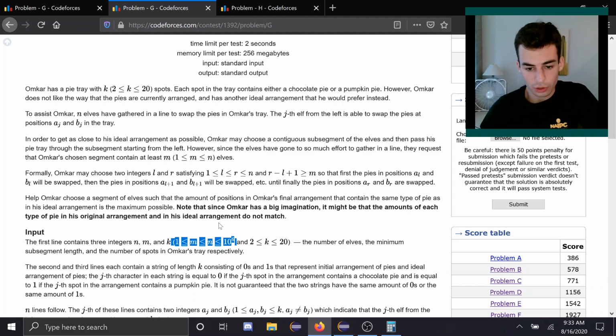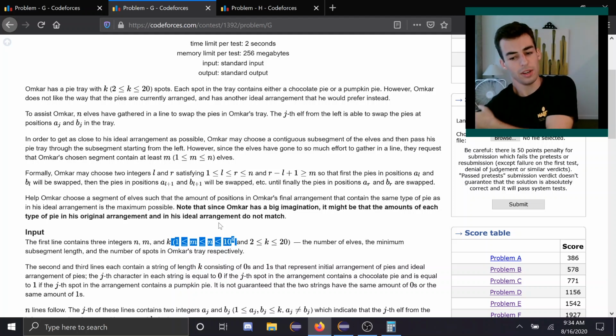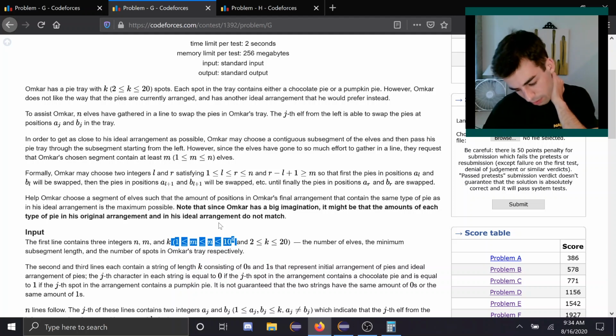You could try BFS changing at most 10 positions. Maybe the BFS is fine, because once you've like added a bunch of masks.